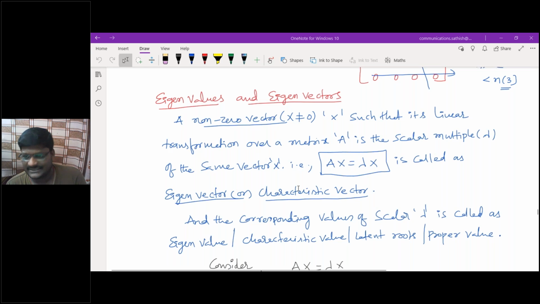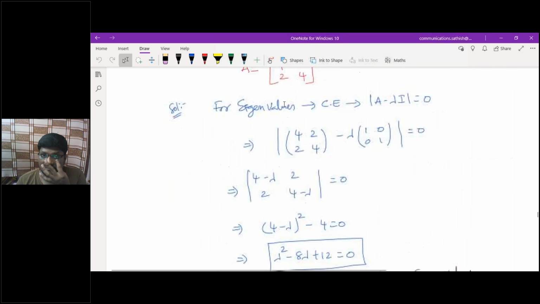Writing all these criteria will take some time. Whatever we have here, I will send you. Don't get bothered. Note down another topic called eigenvalues and eigenvectors.